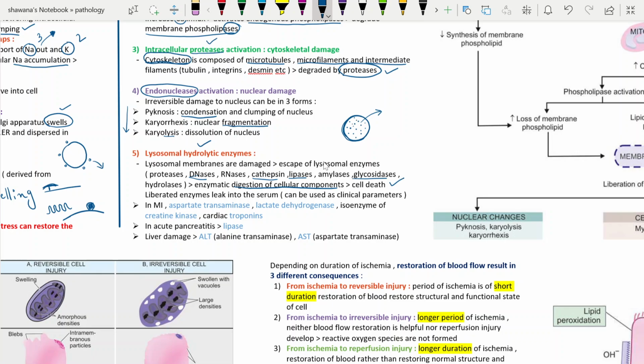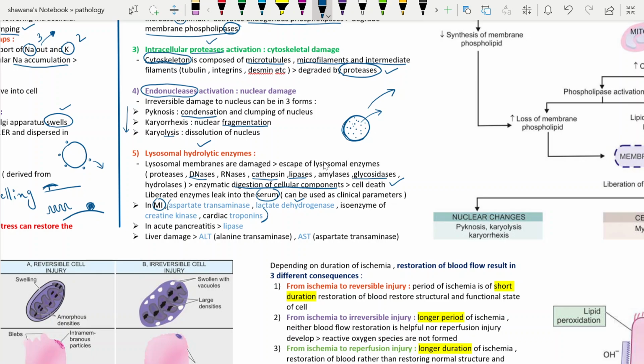Also, when these enzymes are liberated out of the cell, they leak into the serum. Serum means the blood, okay? And they can be used as clinical parameters. For example, in myocardial infarction, the enzymes are aspartate transaminase, cardiac troponins, lactate dehydrogenase, which is the most important, and the isoenzyme of creatine kinase.